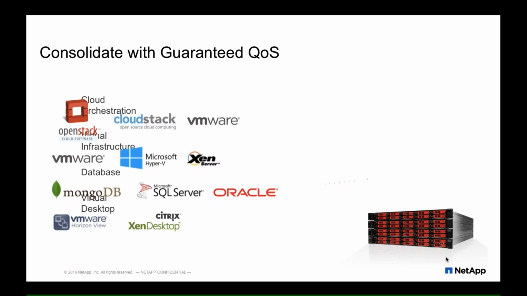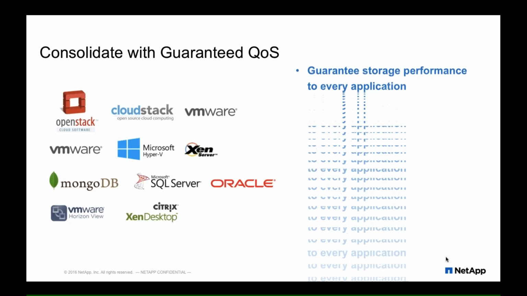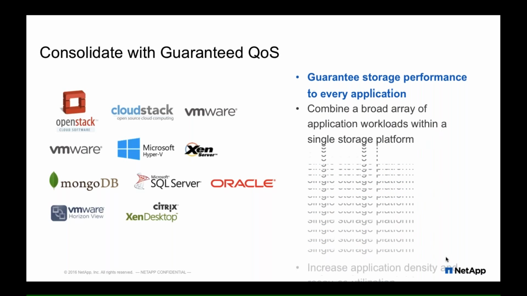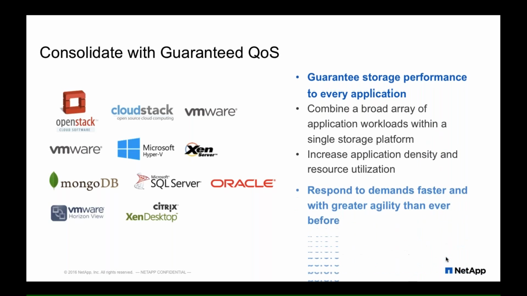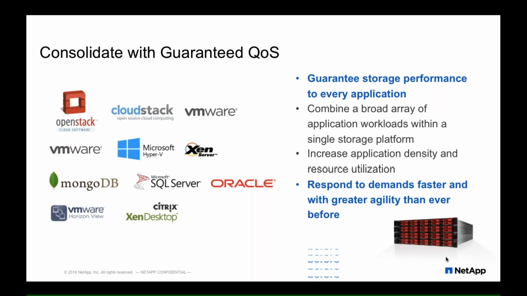So they need to be able to provide that guarantee not just to the VDI environment, but to any other workload they put on there. That's one of the things that Solidfire does very well. And I'm not sure my automation is working too well, but we'll let this build.